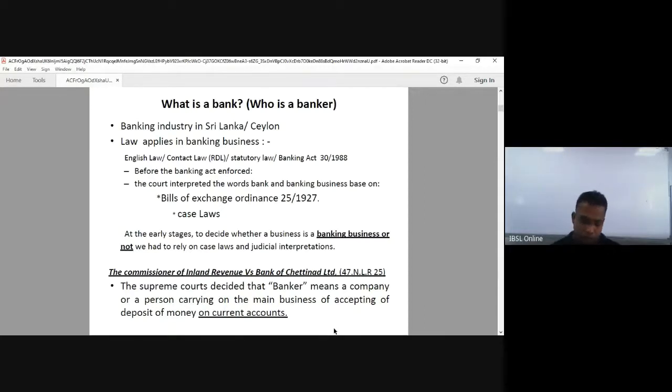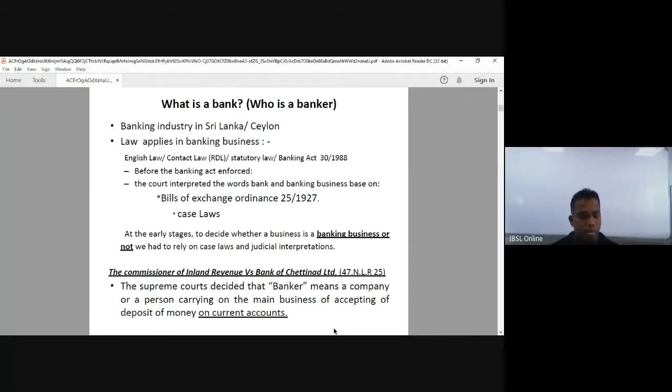So then what happened? This company claimed the tax concession. They made an application to the Inland Revenue Department and said that we are also entitled to the tax concession because we are a bank and we are doing a banking business. So consider us as a bank and give the tax concession.